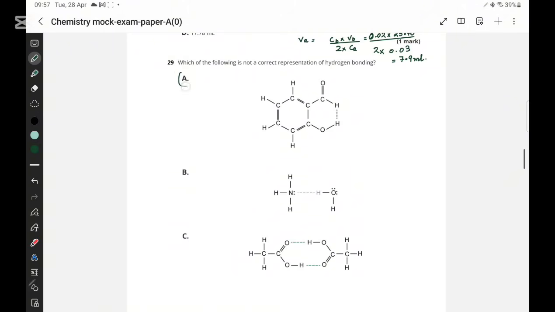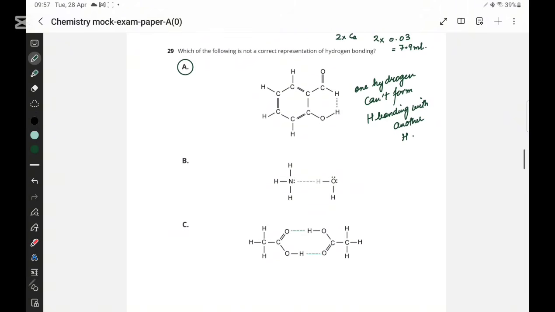Which of the following is not a correct representation of hydrogen bonding? That is going to be A, because for hydrogen bonding, one hydrogen can't form hydrogen bonding with another hydrogen, so that's why it is wrong.